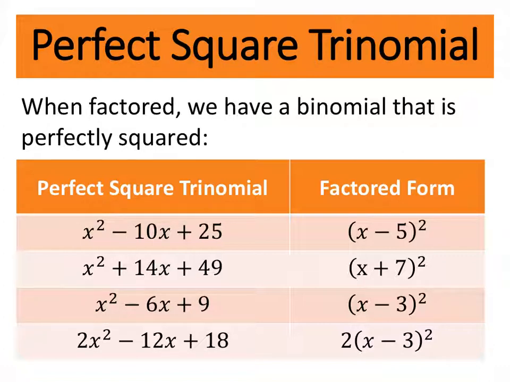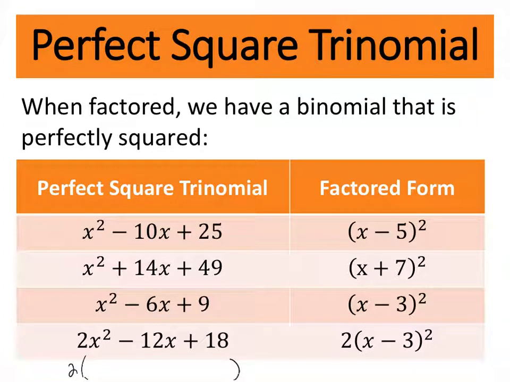Okay, hopefully you've taken a moment, paused the video, and looked, but do you notice that -10 and -5, half of 10 is 5, half of 14 is 7, half of 6 is -3. This is a little bit weird because we can factor out a 2. There's a common factor of 2.